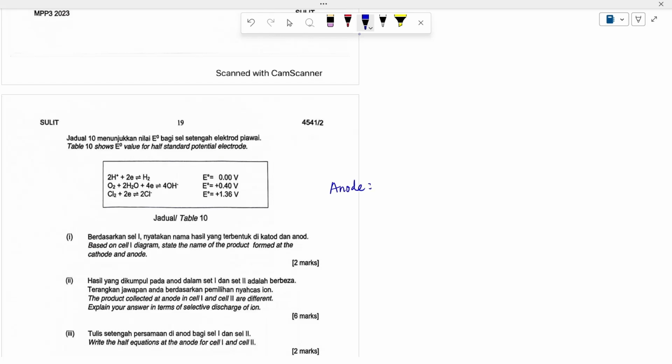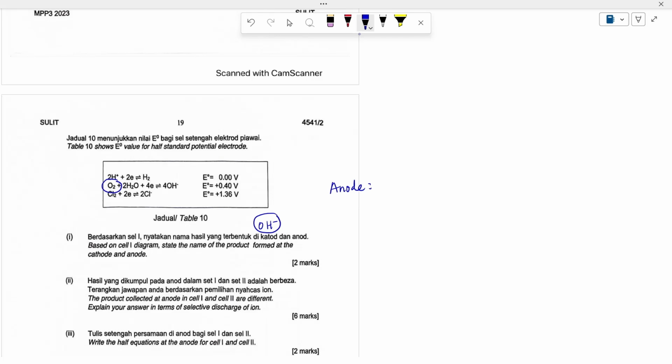So hydroxide ions will be selectively discharged at the anode, because the E naught value is less positive. If hydroxide ions are selectively discharged, the product will be oxygen gas, right?